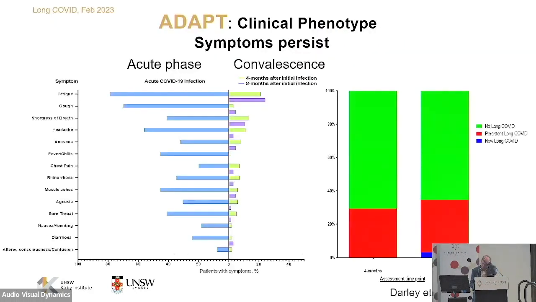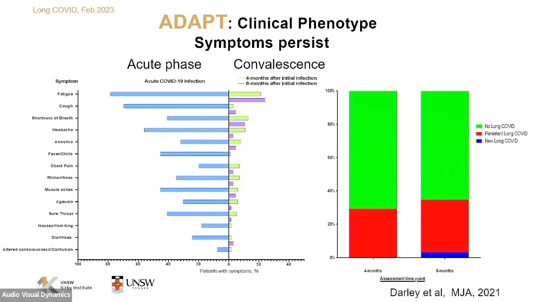I just want to switch gears quite a bit now and look at convalescence and long COVID. This is the ADAPT cohort, which was initially the first 105 patients recruited through St. Vincent's run testing sites in the community in Sydney. So this was a community-based cohort. Only about 15 of these patients were admitted and only 3 of them ended up in intensive care.